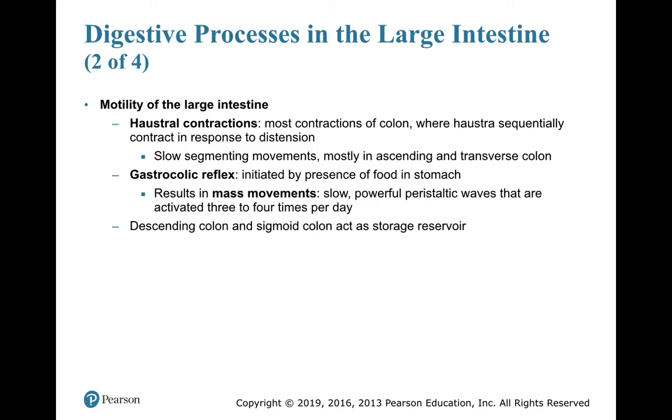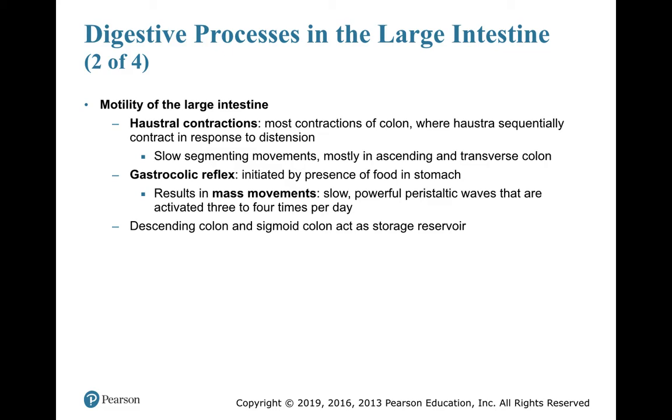We get a lot of movement in the large intestines, and that includes haustral contractions. These are most of the contractions of the colon, where haustra are sequentially contracted in response to distension. So we get slow segmented movements, mostly in the ascending and transverse colon. There is the gastrocolic reflex, which is initiated by the presence of food in the stomach.